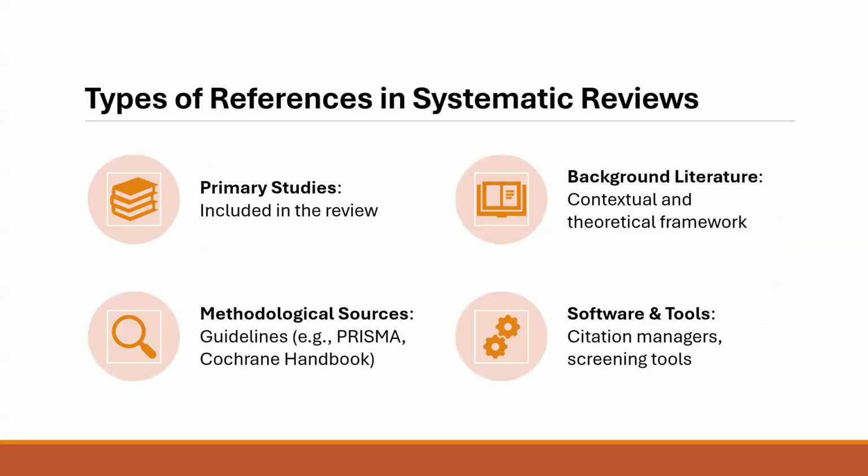Next we will see the different types of references in systematic reviews. You have primary studies, which are the studies you have included in your systematic review. You have background literature, which can be the contextual and theoretical framework. It can be methodological sources, like specific guidelines you follow to conduct your systematic review. You can also cite the book, paper or article you used to follow a particular methodology.